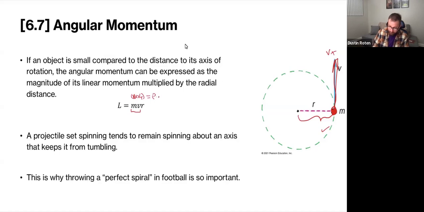Then we just multiply our regular old momentum by the distance from the axis of rotation. And we can write angular momentum in terms of linear momentum, p, because that's just mass times velocity. And we have that in our equation here.